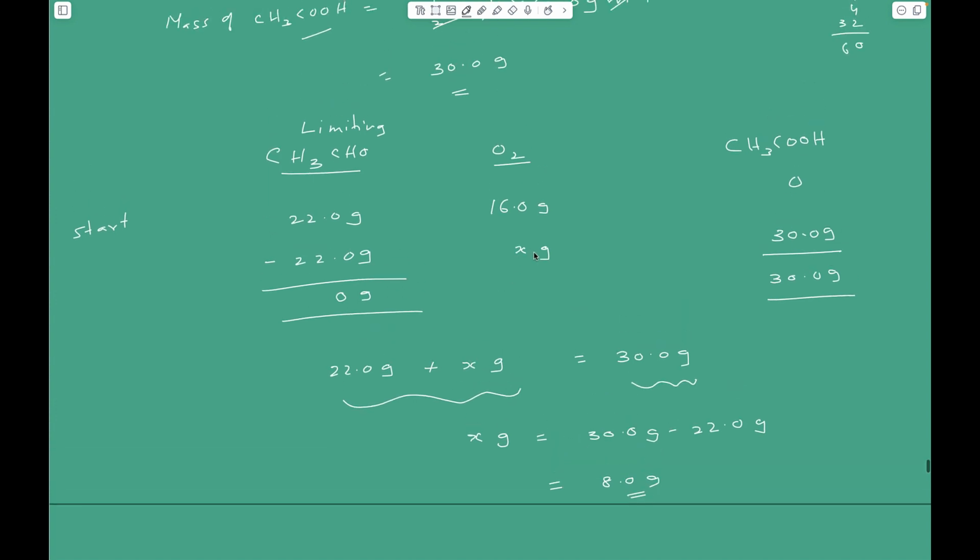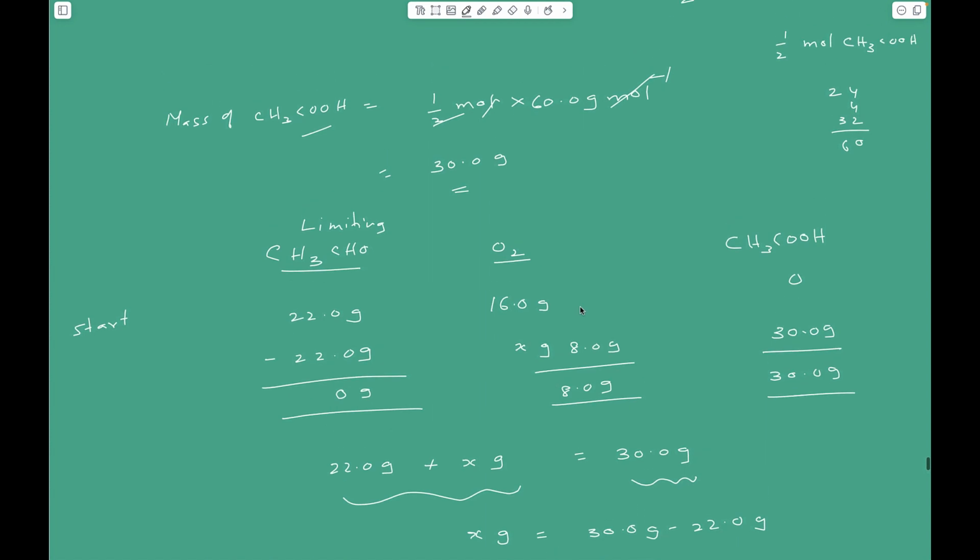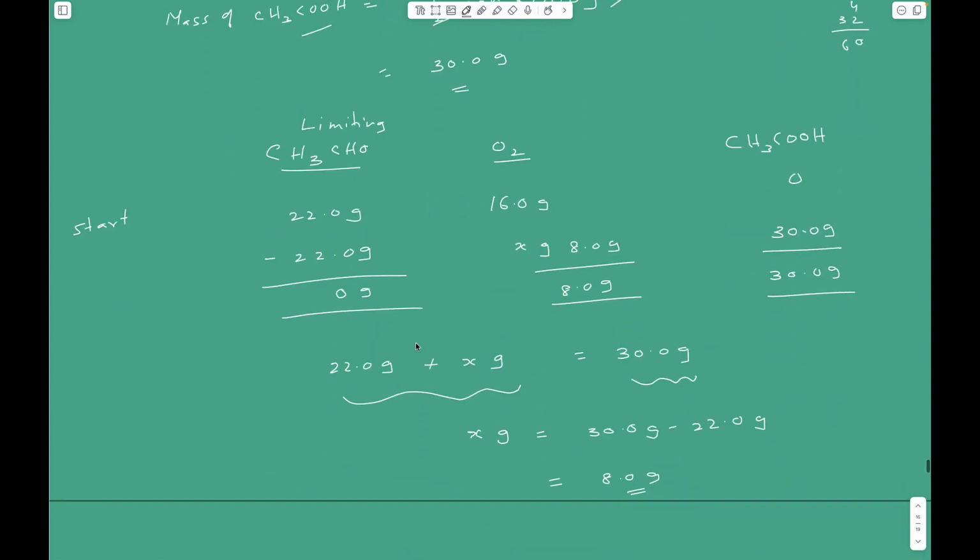So 8 grams of oxygen has reacted, leaving behind 8 grams. 16 minus 8 is 8. So at the end of the reaction, there will be no acetaldehyde left behind. 8 grams of oxygen will be left behind and you will have 30 grams of acetic acid.